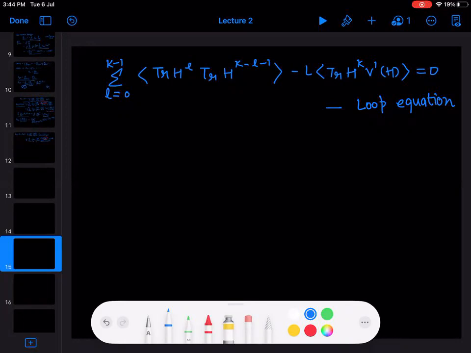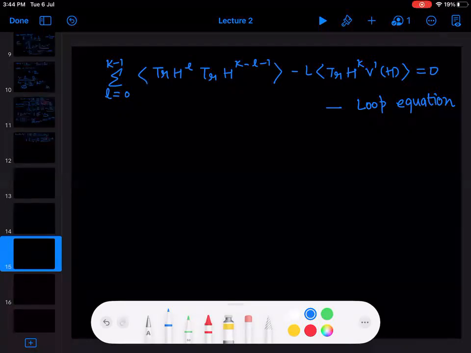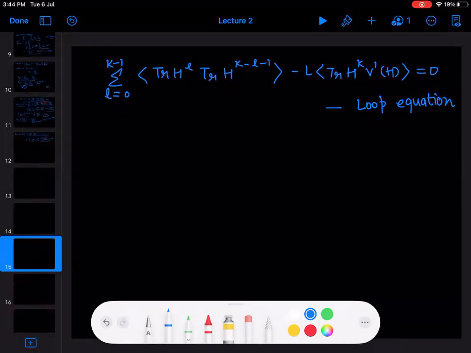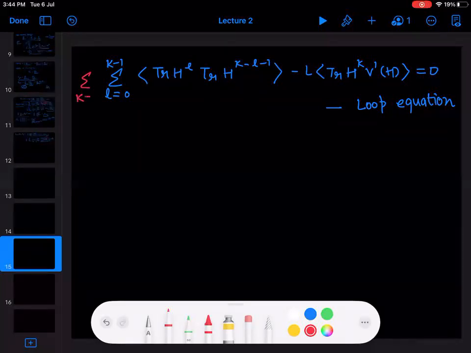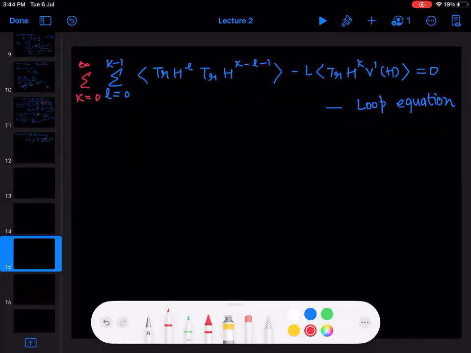We don't have to do much. I'm just going to take the sum over k from 0 to infinity, and multiply with a factor of x to the power minus k minus 1, inside.